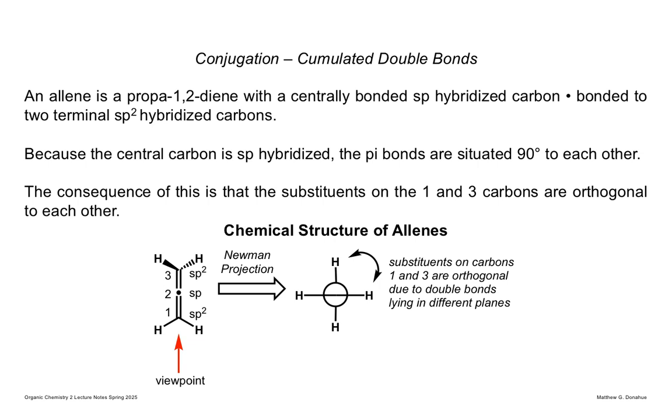Before we move on into those reactions, we're going to just take a pause here and talk about cumulated double bonds. They're interesting functional groups in organic chemistry, and they come up a little bit more with some of the reagents that we have learned and that we will learn.